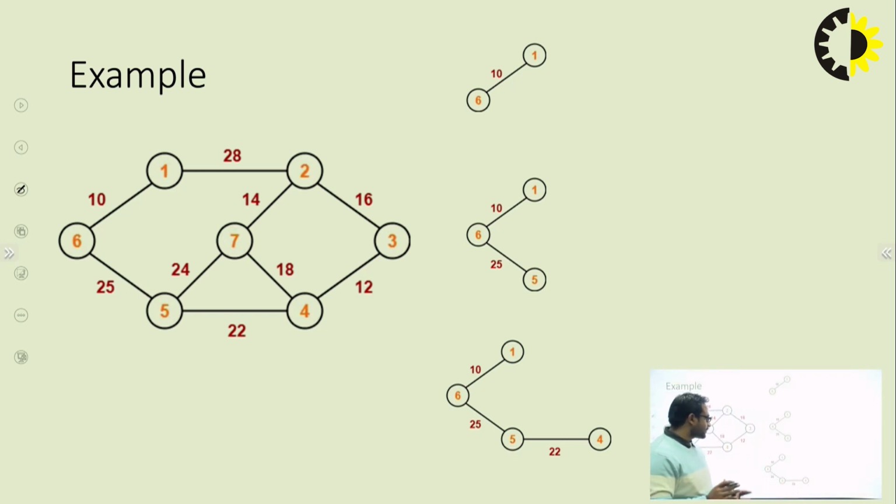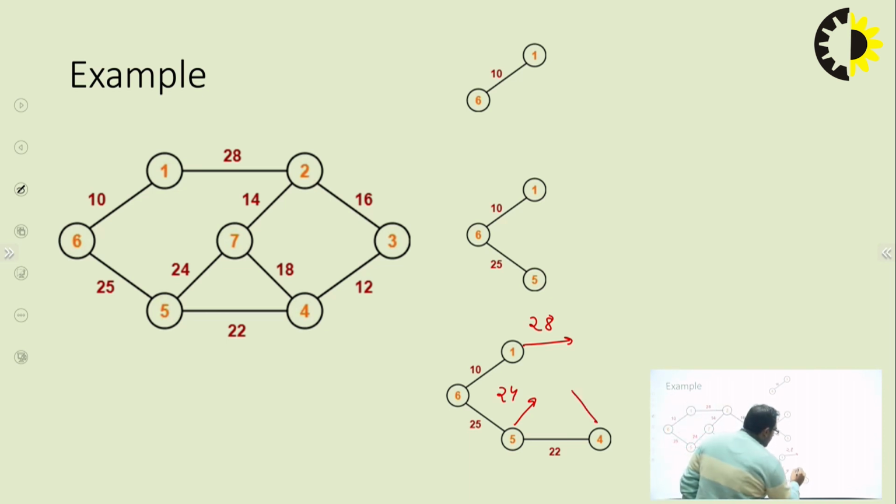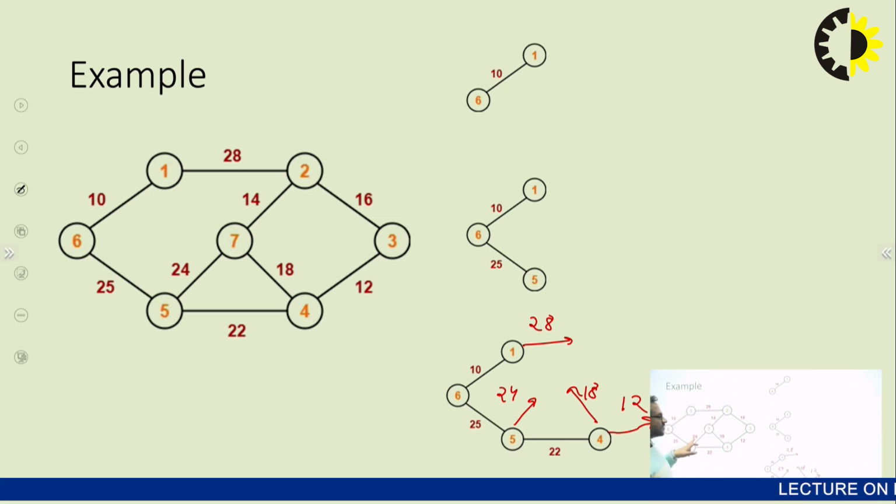Got my point? Now next, you can see 1 is again having here 28. 5 is having one more edge connected, the weight is 24. 4 is having 2 edges, which are 18 and 12, right? So you can see 5 to 7 is 24, 4 to 7 is 18, and 4 to 3 is 12.